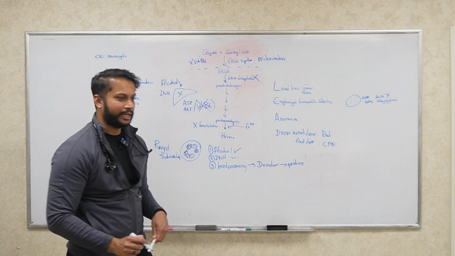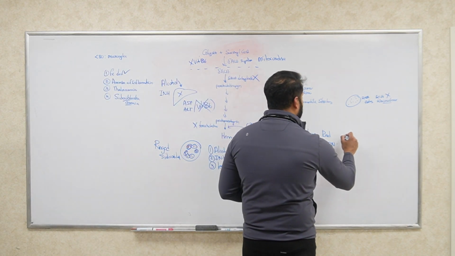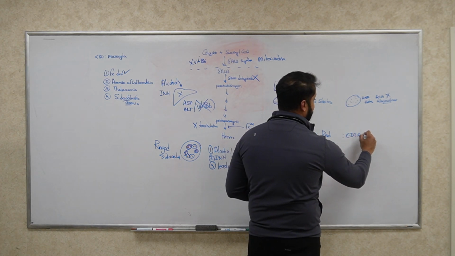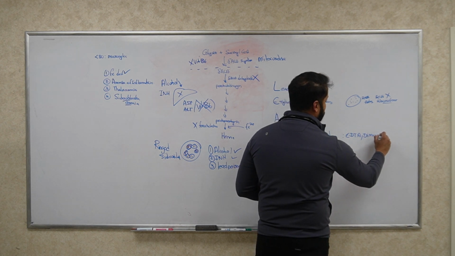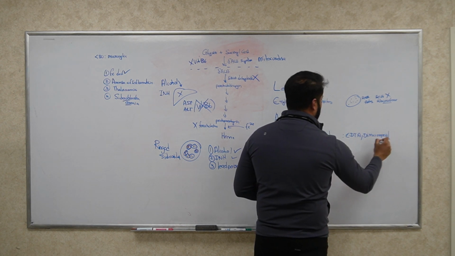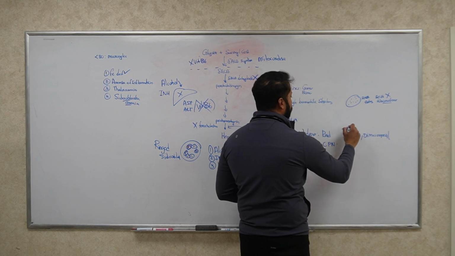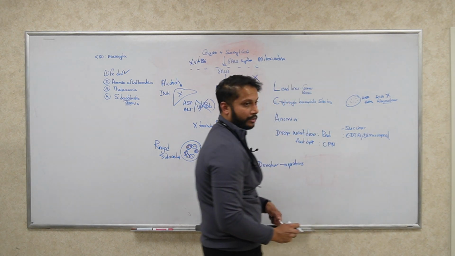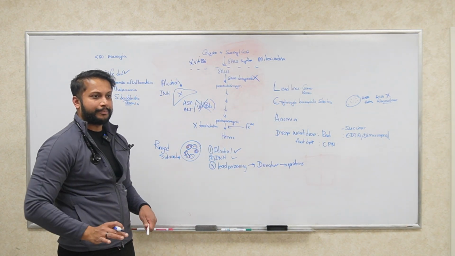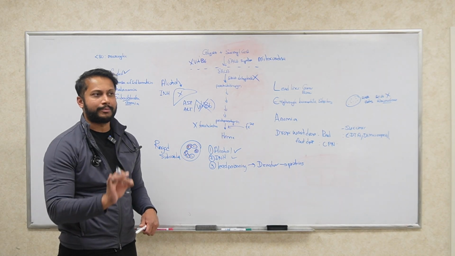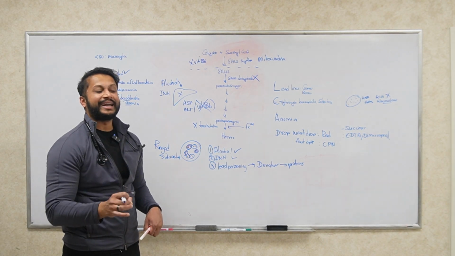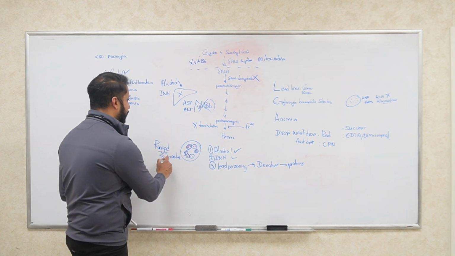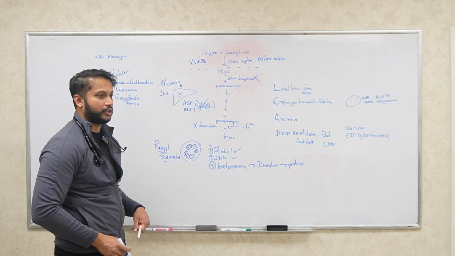Give them chelation with EDTA or dimercaprol, depending on how high it is. Penicillamine? No, that's for copper. EDTA or dimercaprol, and you can use succimer in kids. Okay, if you knew this much for lead poisoning, you should be good enough. It's going to be a question about knowing when to identify and how you're going to diagnose it by the presence of ring sideroblasts, and if it's lead poisoning, how you're going to treat it.